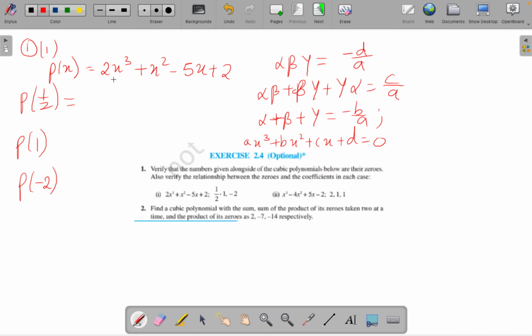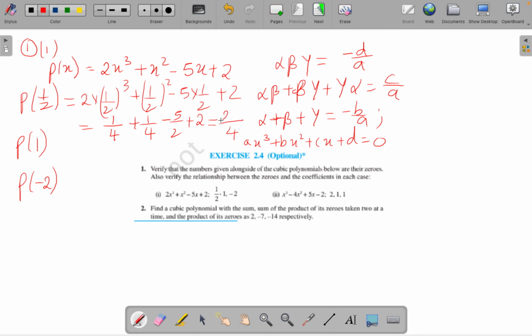So in place of x, I want you to put the values: 2 into 1 by 2 whole cube plus 1 by 2 whole square minus 5 into 1 by 2 plus 2. So the 2 and 2 get cancelled. So 1 by 2 twos are 4, plus 1 by 4 minus 5 by 2 plus 2. So you check this. Take LCM 4.